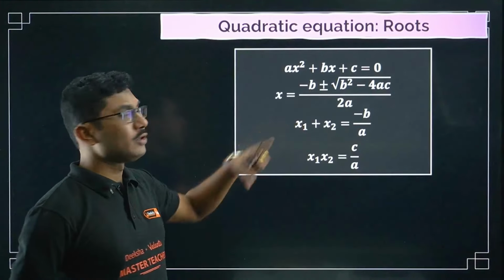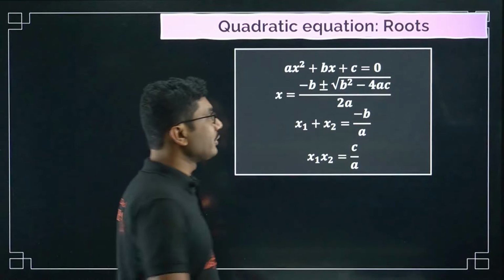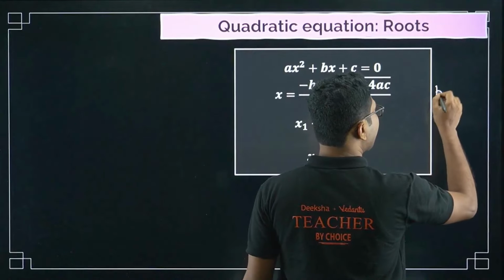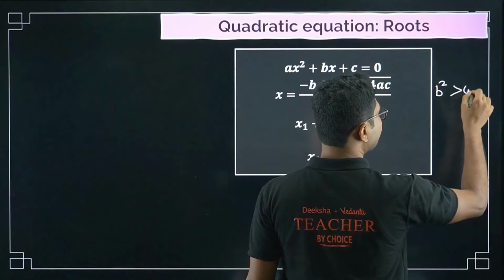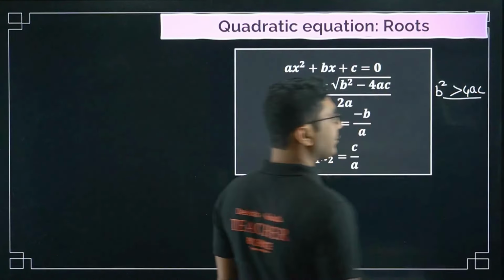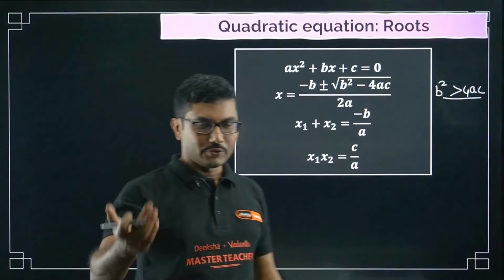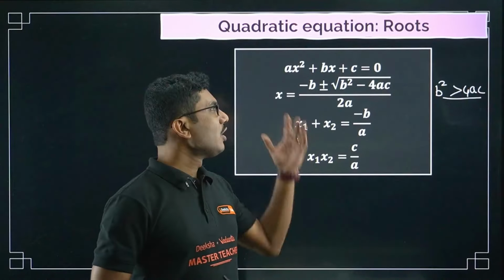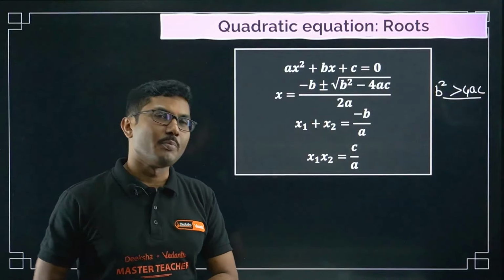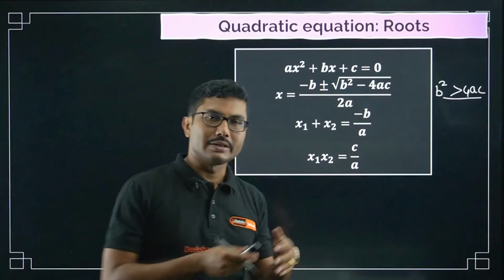This is the formula. Now obviously you should know that if b square is greater than 4ac, we say the equation has real roots. And what is good about physics is that we do not deal too much with complex roots, at least not at this stage.